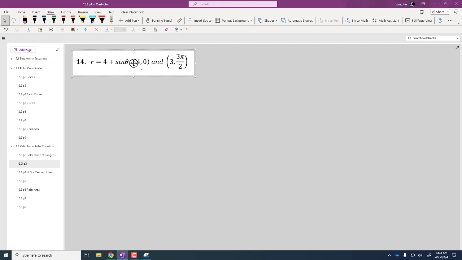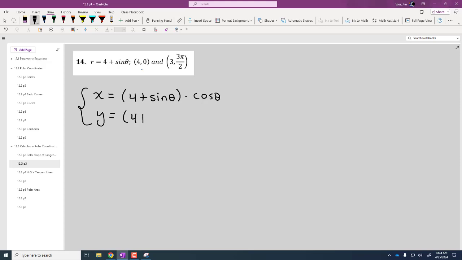So our strategy, if we're given a polar curve and we want to do calculus on this polar curve, let's convert to parametric. Because if we convert to parametric, we can do dy/dx more easily. So we take our x and it's going to be r times cosine of theta.